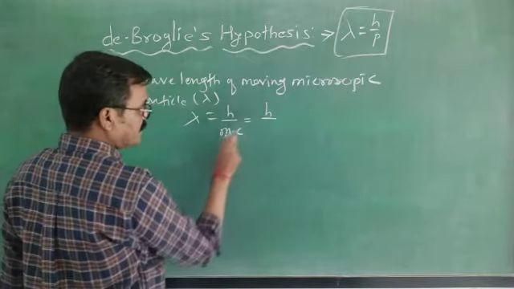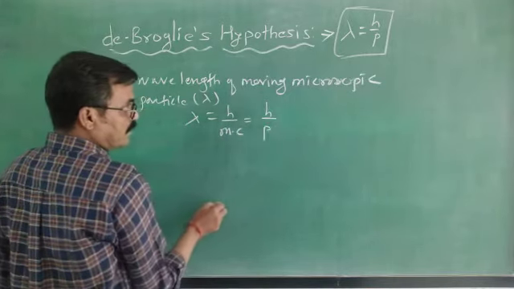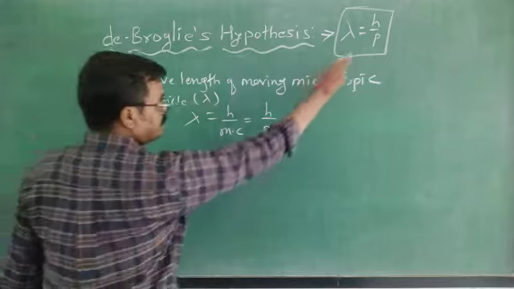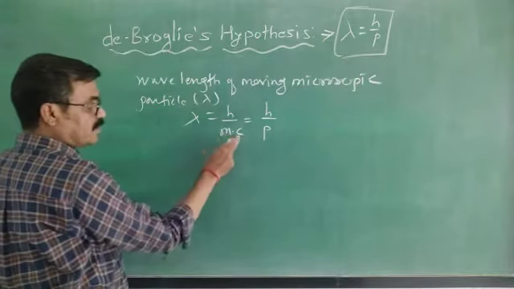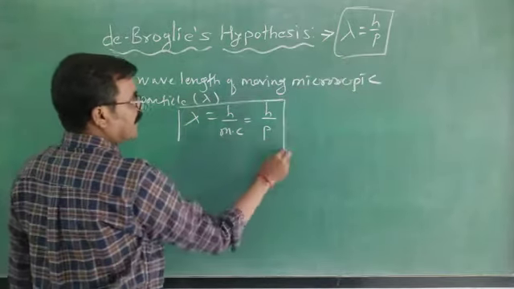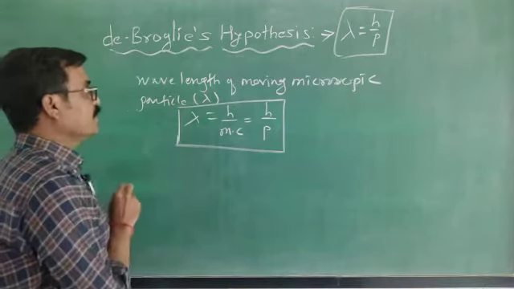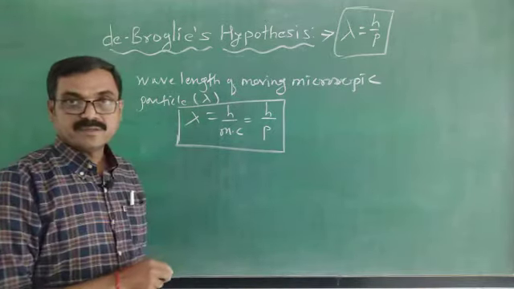Mass into velocity is nothing but momentum, that is p. This is the de Broglie wavelength.